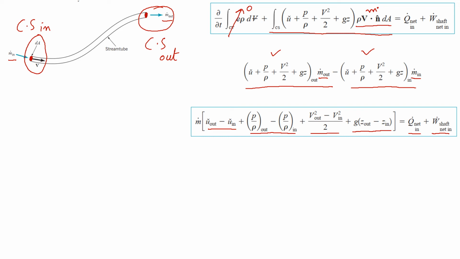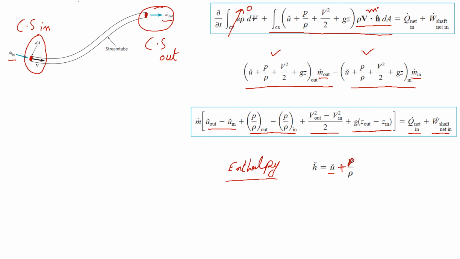So we can simplify it a bit more by combining these terms, that is the specific enthalpy here. This is called enthalpy, and enthalpy is the total heat content of the system, and that is equal to internal energy plus pressure over density.